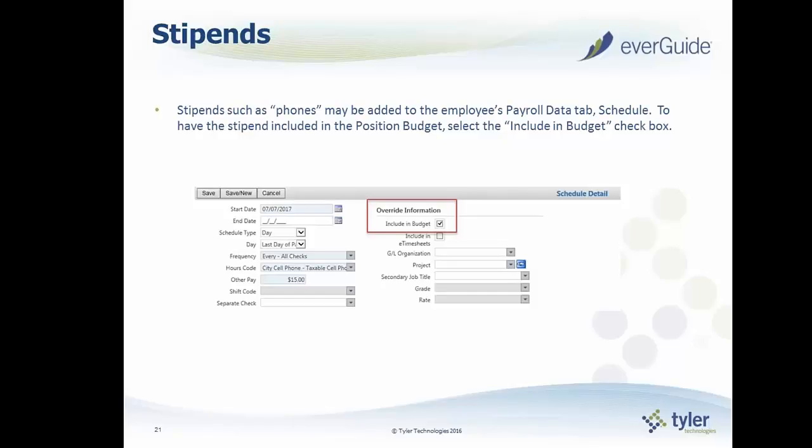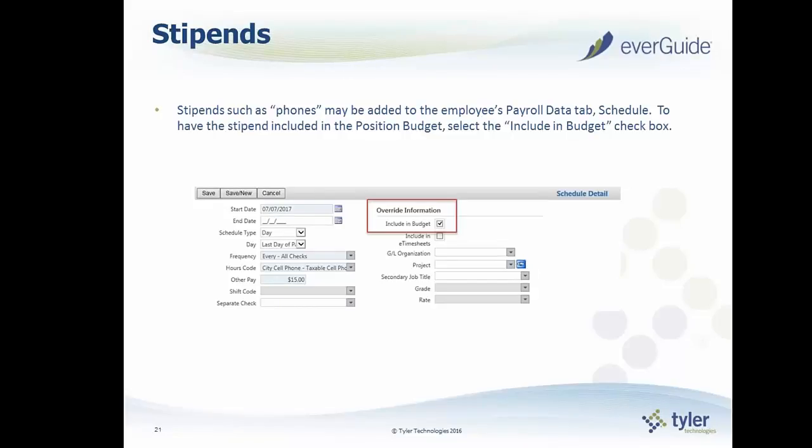When you add a stipend to an employee on the payroll data tab, you have to be very aware that there's a box called Include in Budget. So on my screen that you're looking at right now, it's right in the center in a red square, and that particular item is checked. So when I initialize my position budgeting, it's going to pull this stipend from that employee, and it will include it in their schedule itself, and that way it will calculate for it.